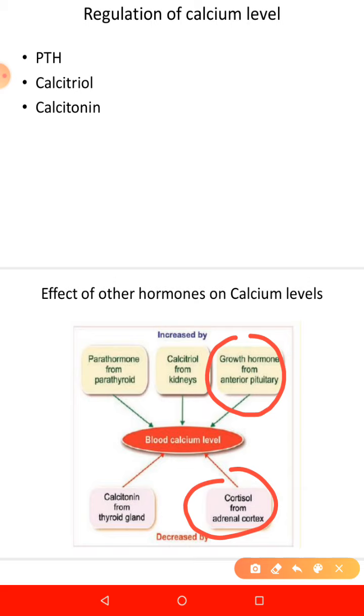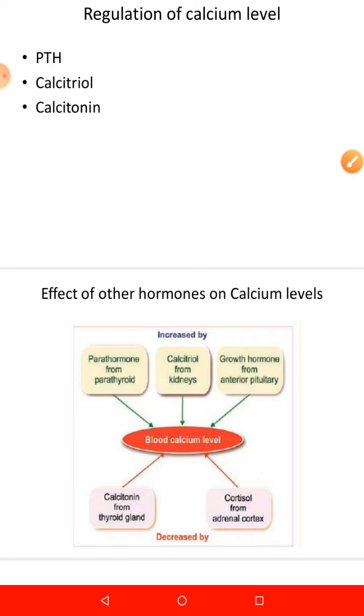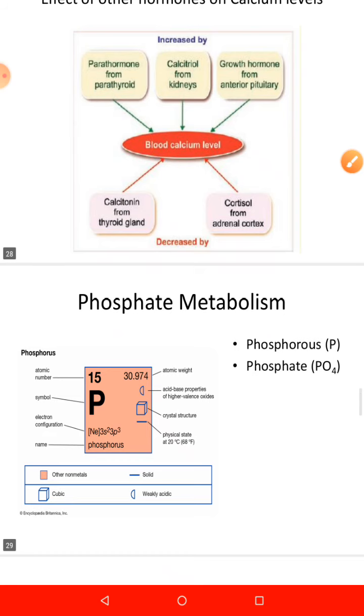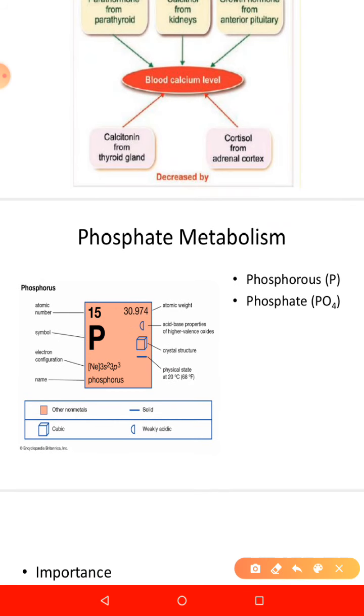So you just need to know that apart from calcitriol, parathormone, and calcitonin, there are these two important hormones that can also have a profound effect on calcium. We've seen that apart from these hormones having effects on calcium, they can also affect phosphates. So it's important that we mention something about the phosphate.